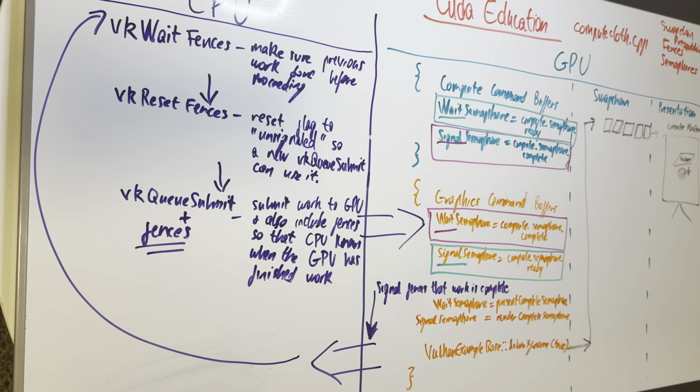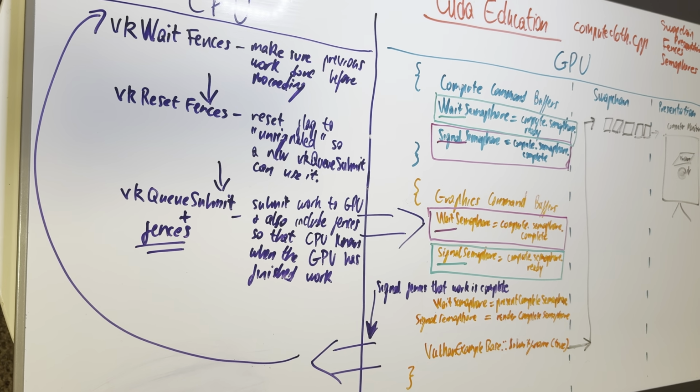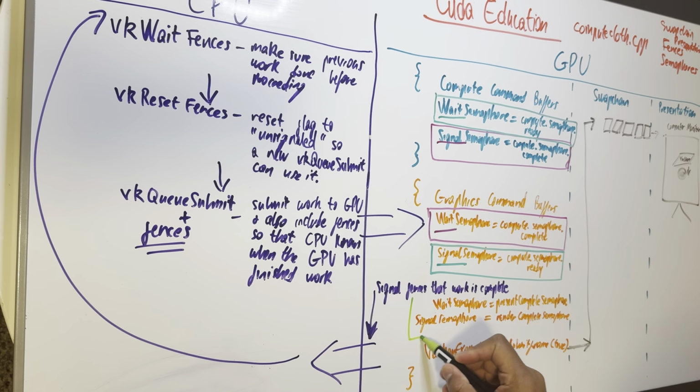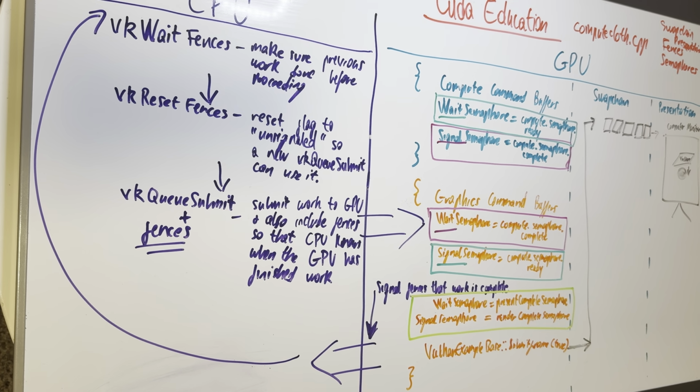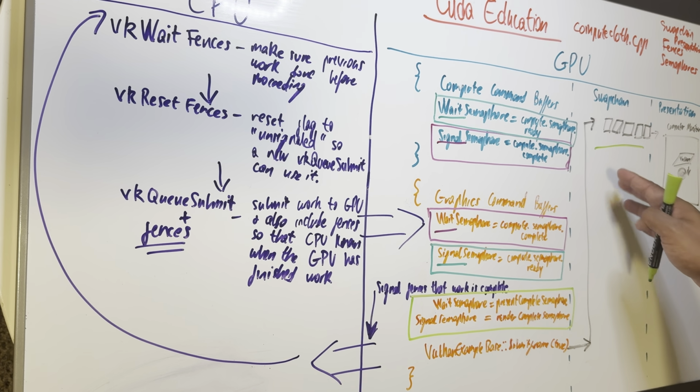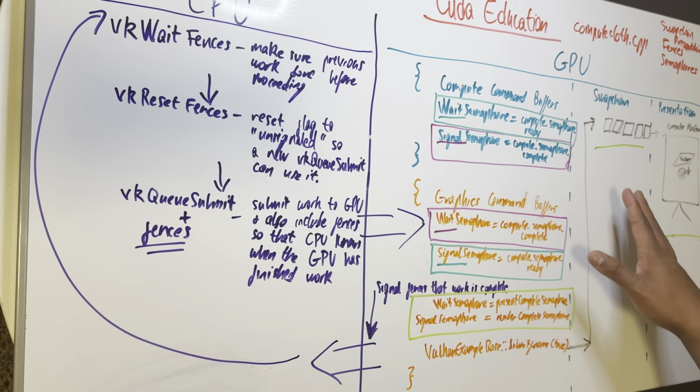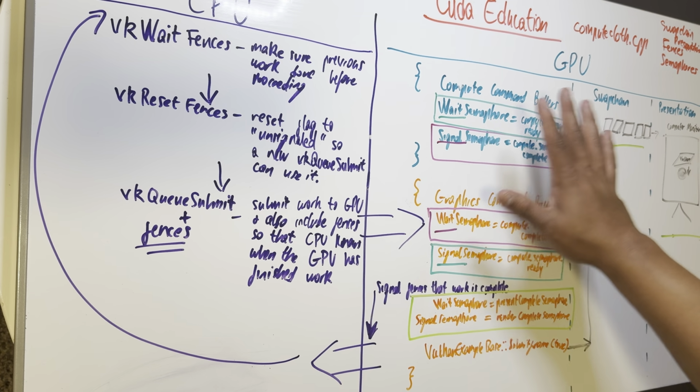And just for a little bit of separation, I will put this in relation to this stuff and this stuff, right? So we have to now present these frames to the screen. There's an intermediary step. This is all on the GPU now.